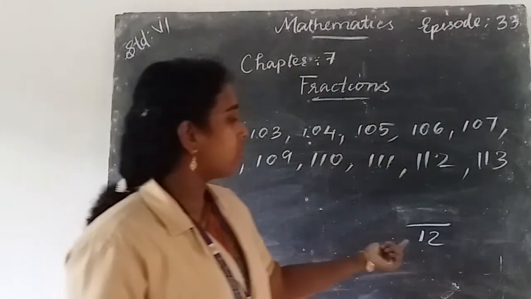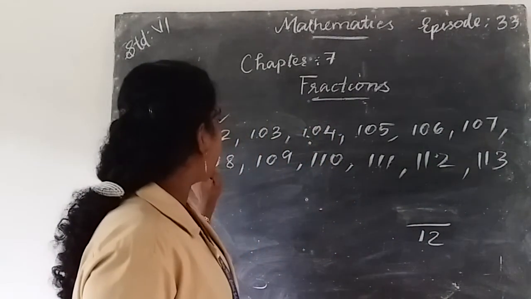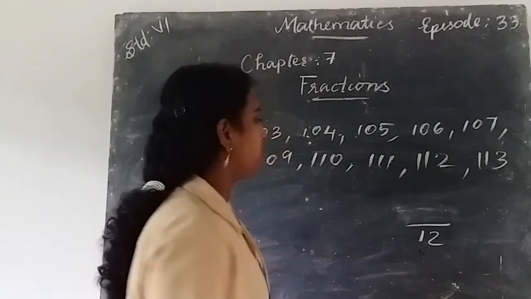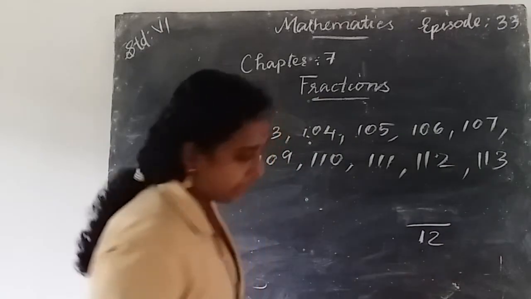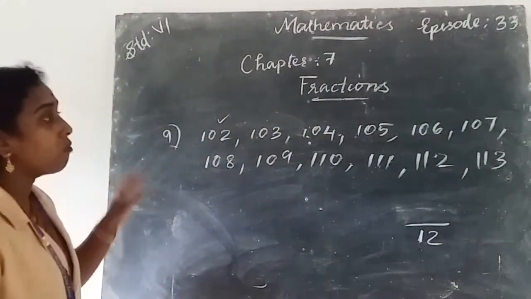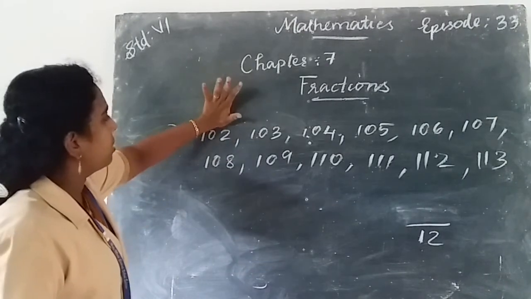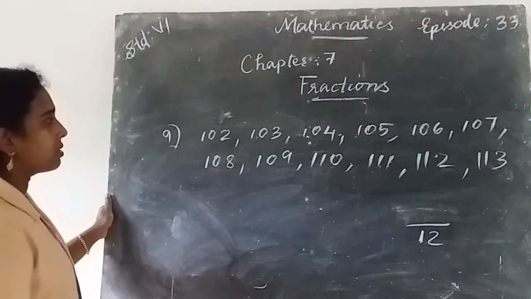So write the total number of equal parts of the whole as the denominator. So 12 as the denominator, and here we want to write the fraction of prime numbers. Which are the prime numbers? The numbers having only 2 factors are the prime numbers.